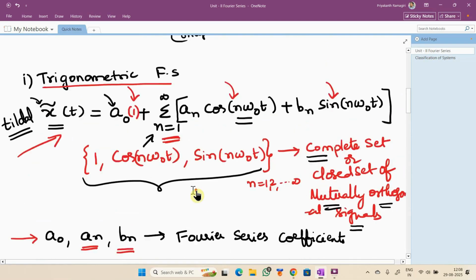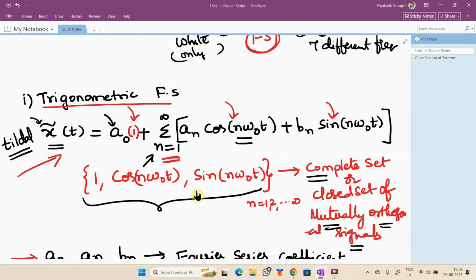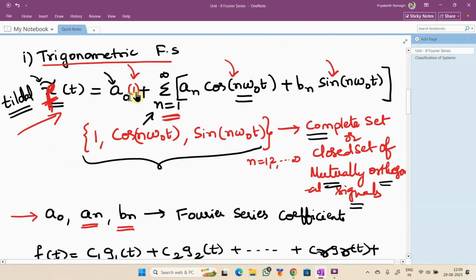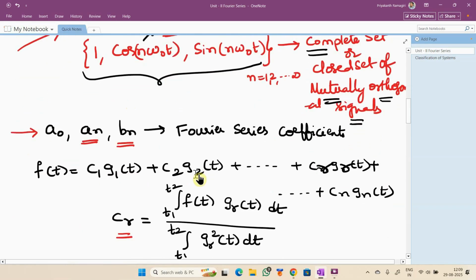So recollecting once again, trigonometric Fourier series, maybe I can write f this. Because I'm using f in the formula, I'm writing this as f. Trigonometric Fourier series is representing any periodic signal as a weighted sum of harmonics, and you can see that cos and sine form a complete set of mutually orthogonal signals where a naught, an and bn are called Fourier series coefficients.